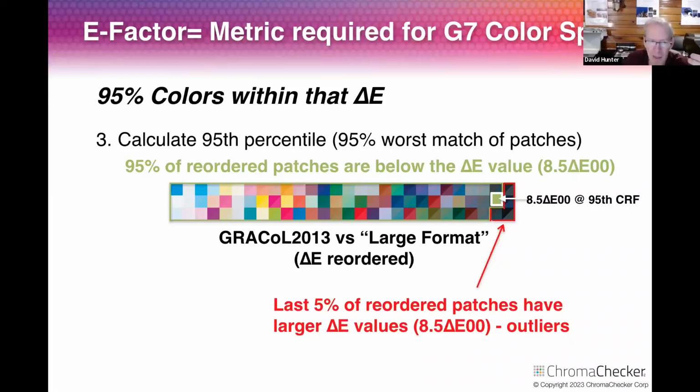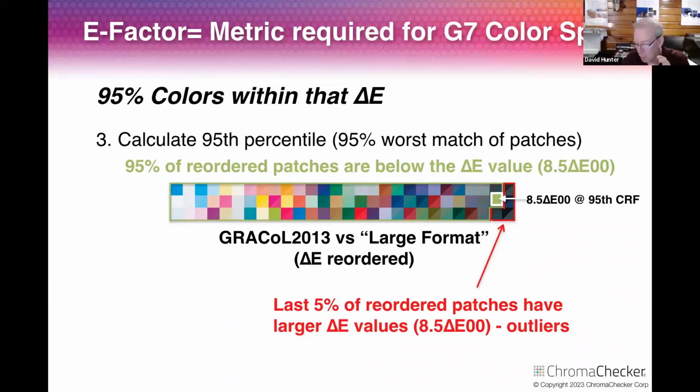And by the way, this 95th percentile delta E has been built into the G7 color space qualification since day one. This isn't a new metric. We're just using this metric, simplifying the term. Instead of using the cumulative relative frequency of the 95th percentile, we coined it E factor.